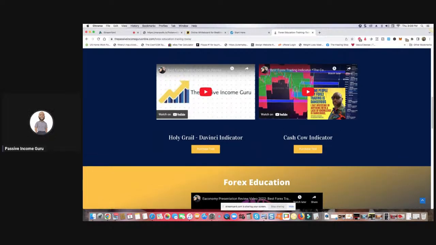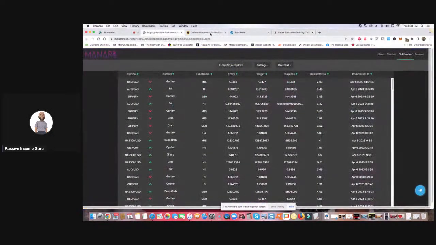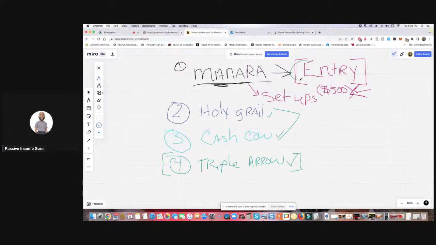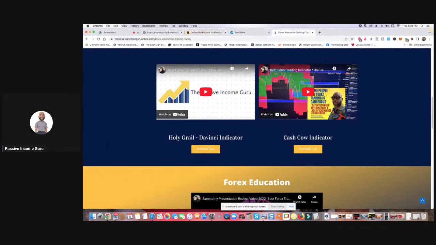Now, let me just give you some peace of mind. The cash cow, remember I told you the entry is key, right? In all of this. Guess what? This indicator right here is going to give you the entry and the exit. It's going to tell you when to buy and when to get out, when to sell and when to get out.